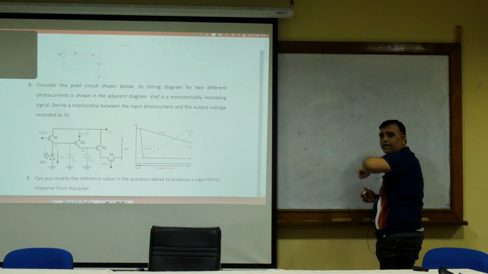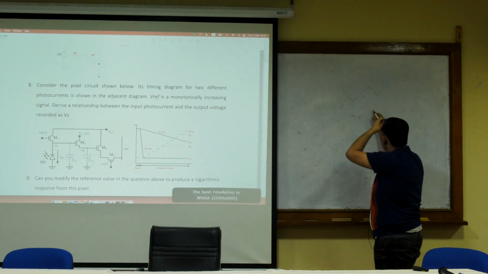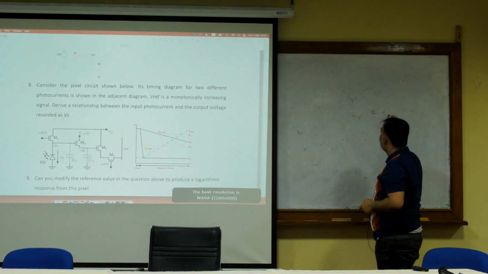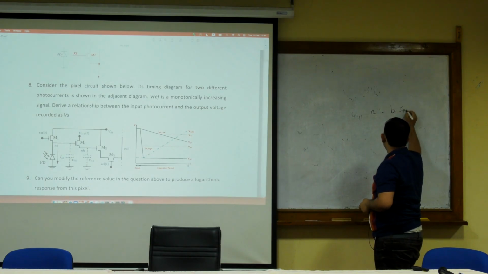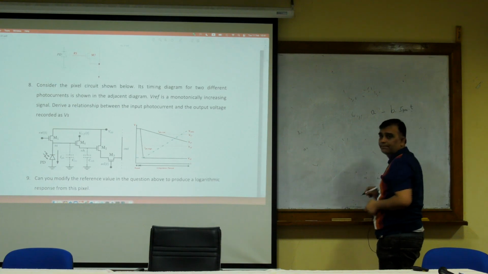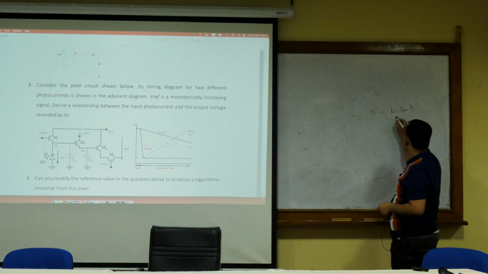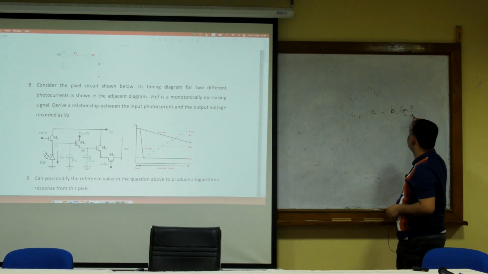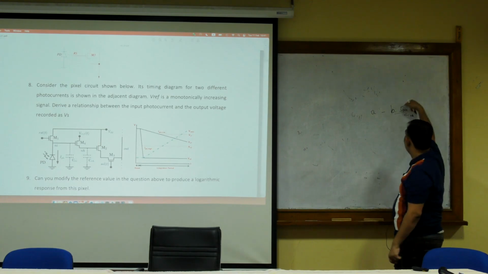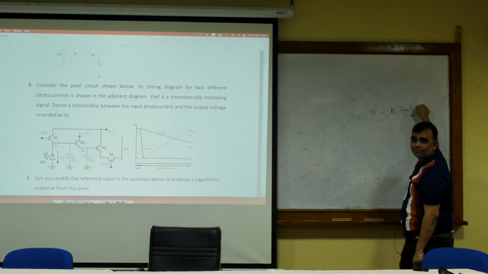The function which is falling down is sum A minus B times I photo times t. Or you could have said I photo times C PD. So there is photocurrent and time there.